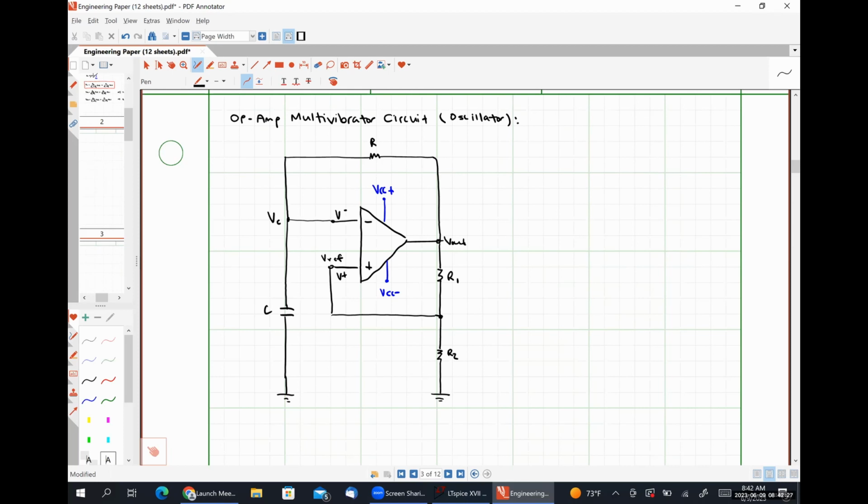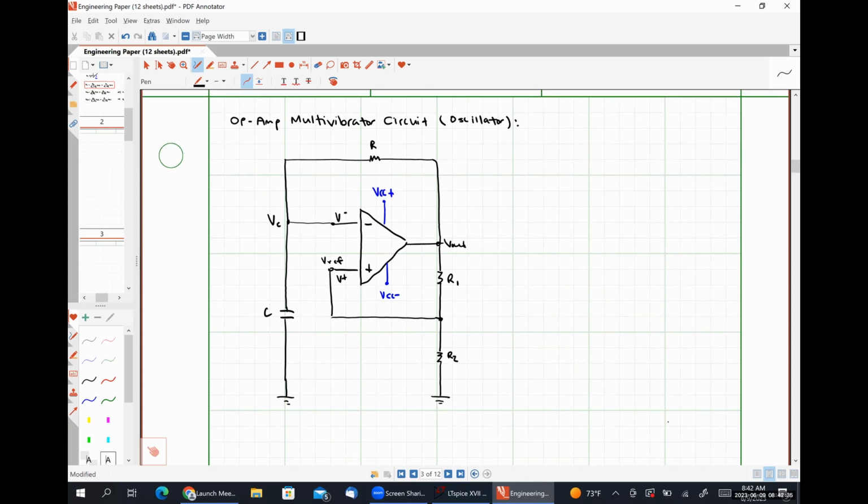So the first plot that I am going to look at and talk you through, the vertical axis is going to be voltage, and then the horizontal axis is going to be time.